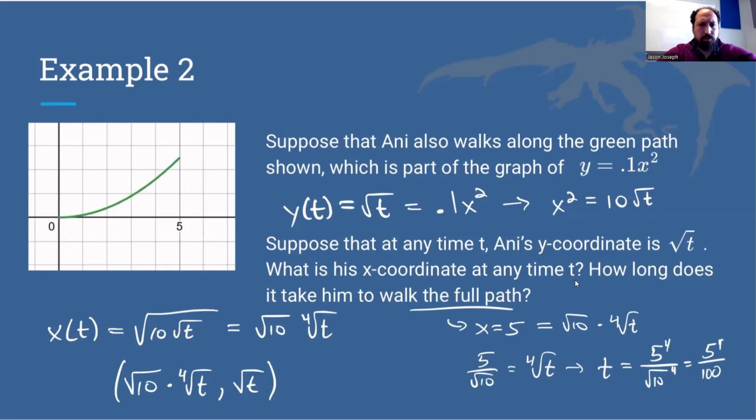Anybody know what that is? That is 6.25 units of time. So different than the answer we had before, as you probably expected. All right, moving on.